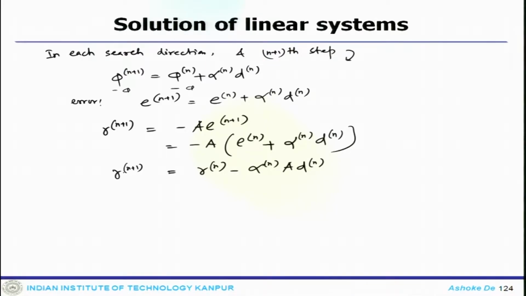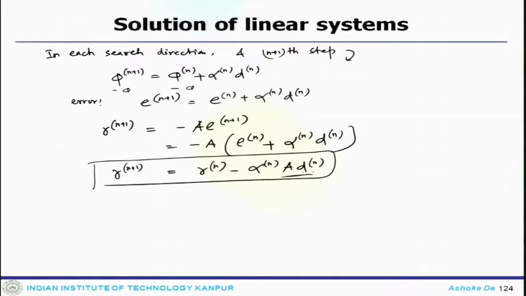So it shows that the new residual at the n plus 1 iteration level is just a linear combination of the previous residual and this term A d to the power n.